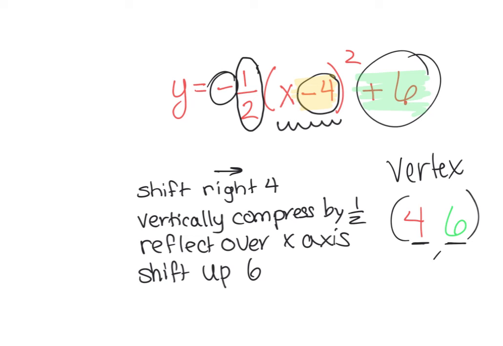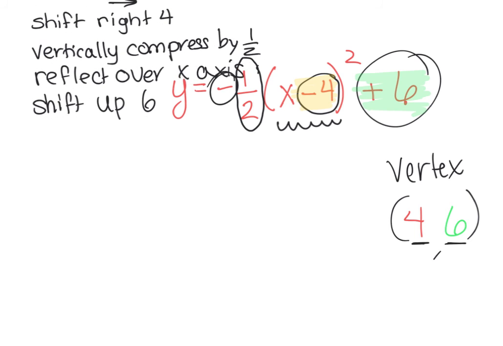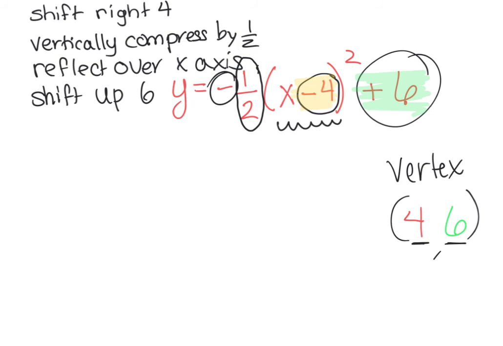Now, if you're freaking out, you're like, oh my God, I don't know how to graph this, don't freak out. You're going to pick points, okay? So we know what it's going to look like already, but I'm going to make myself a little t-table. I'm going to pick my vertex and put it in the middle. I know it's 4, 6. I'm going to pick the numbers that are on the right side of 4.